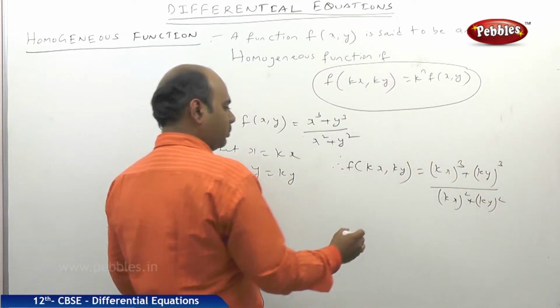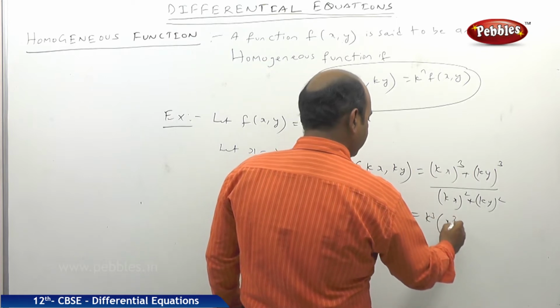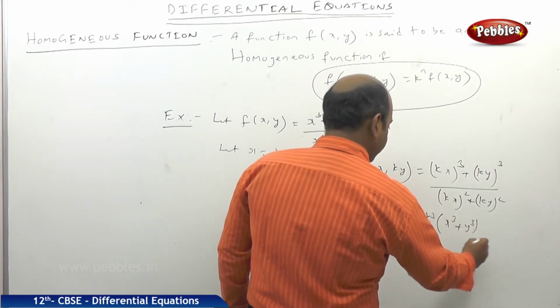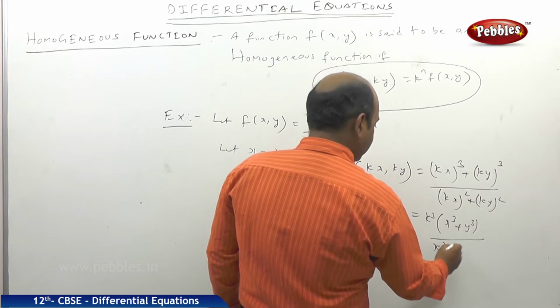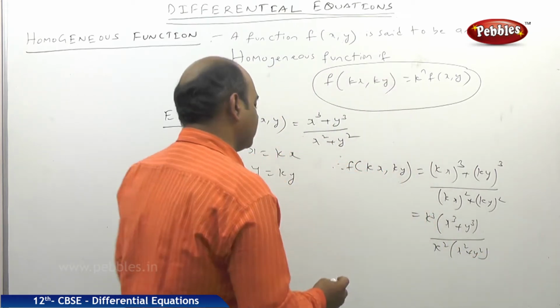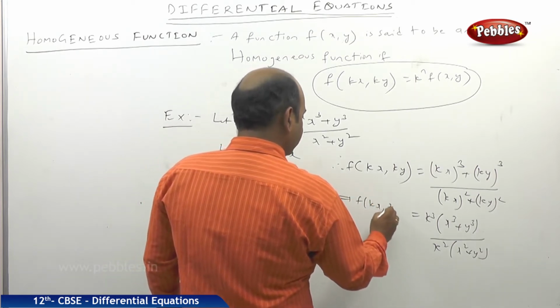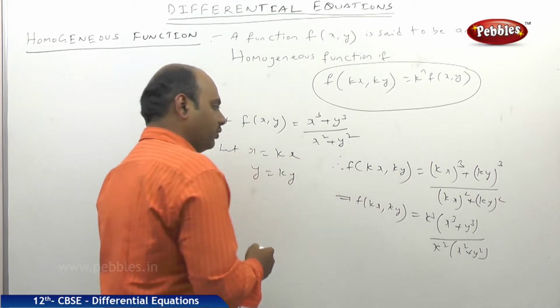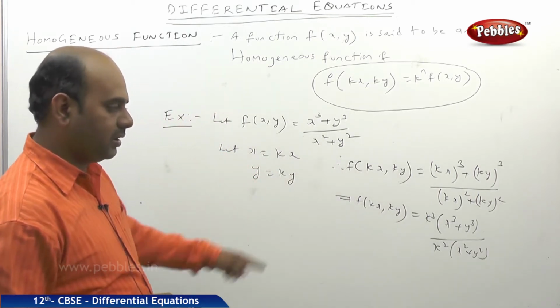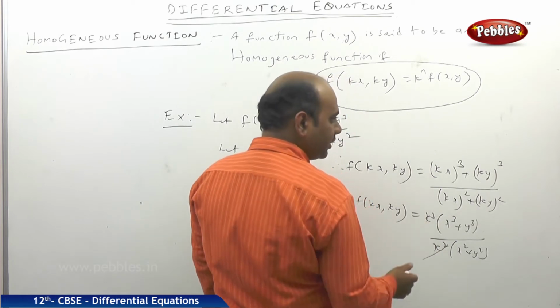Here k cube is common, so we get k cube into (x cube plus y cube), and k square is common in the denominator, so we get k square into (x square plus y square). But I think k square gets cancelled.